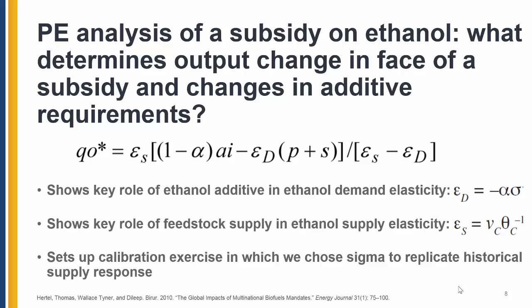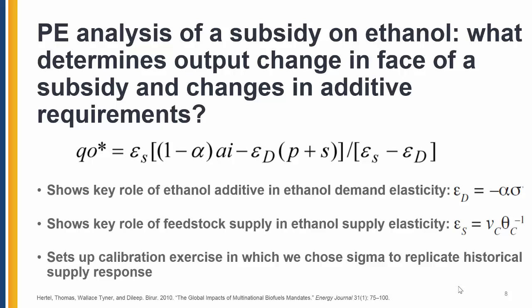One has to do with this additive intensity, and due to the banning of another fuel additive, ethanol became the preferred additive and generated a big shock, so a big percentage change in AI here. Another factor was the price of energy or fuels in general going up very strongly with the price of oil. So P was going up as well, and subsidies were being implemented.